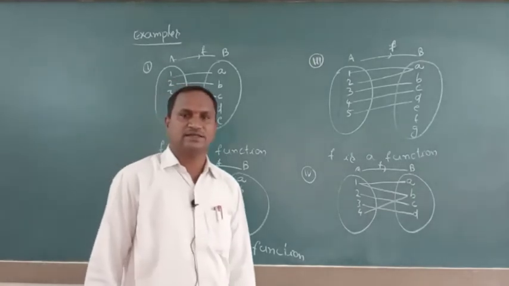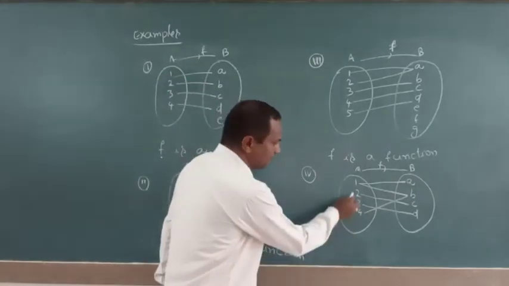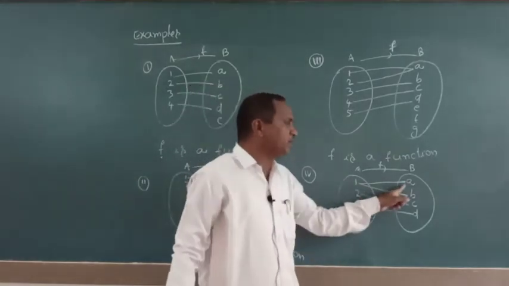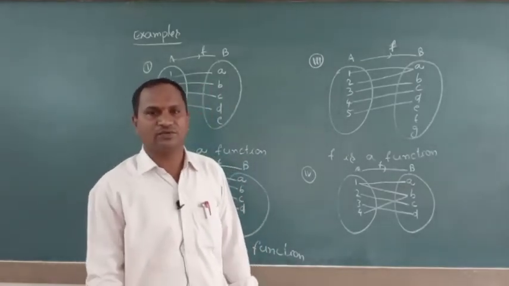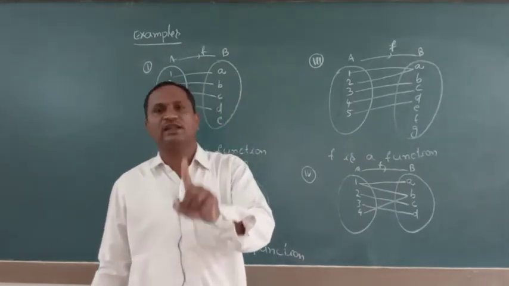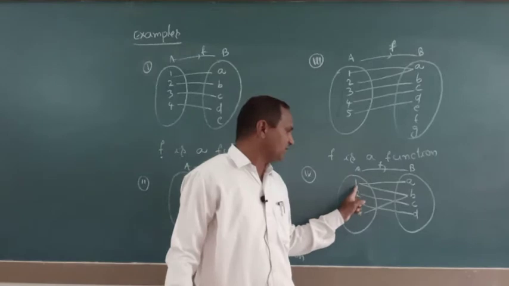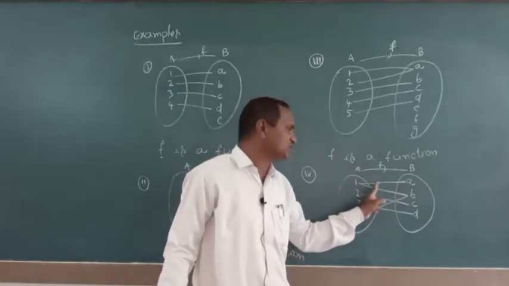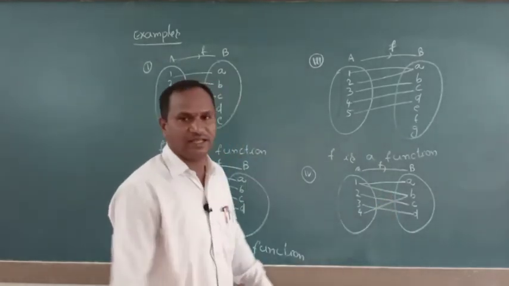It is not a function. Why? Because the element 1 is associated with 2 elements of set B. An element should be associated to only one element in set B, but here it is not, so it is not a function. That's why here F is not a function.